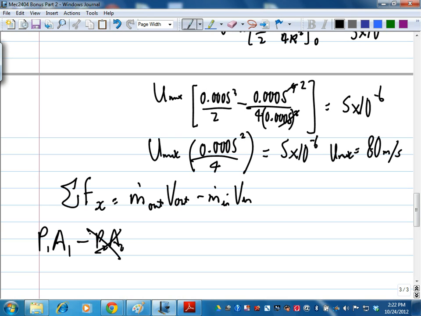So this one is 0. Plus F external equals m dot out V out minus m dot in V in, which is the more complicated one. What is that? Rho A in V in multiplied by V in.